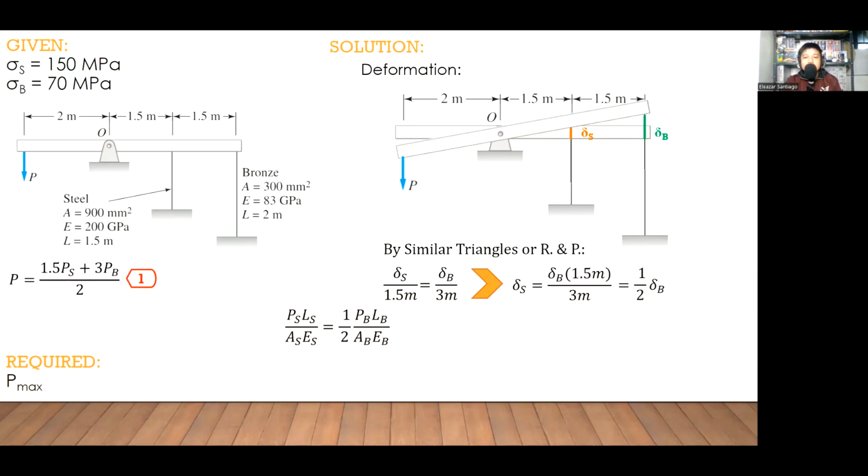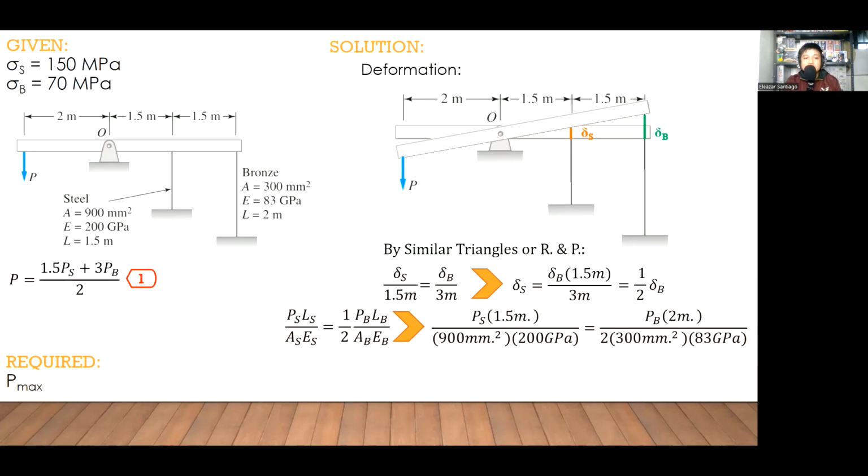So updating now our givens, we will come up with our equation, that is P sub S times the length of the steel material, which is 1.5, divided by the area of the steel material, which is 900 square millimeters, and further multiply this with E sub S, that is 200 gigapascals.